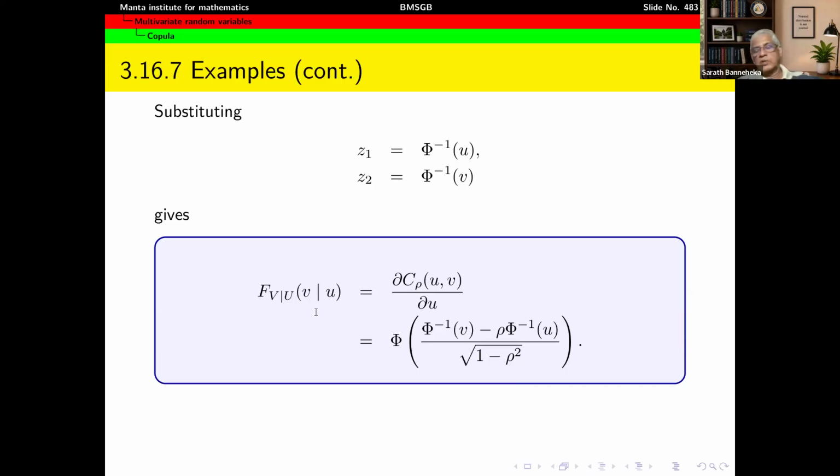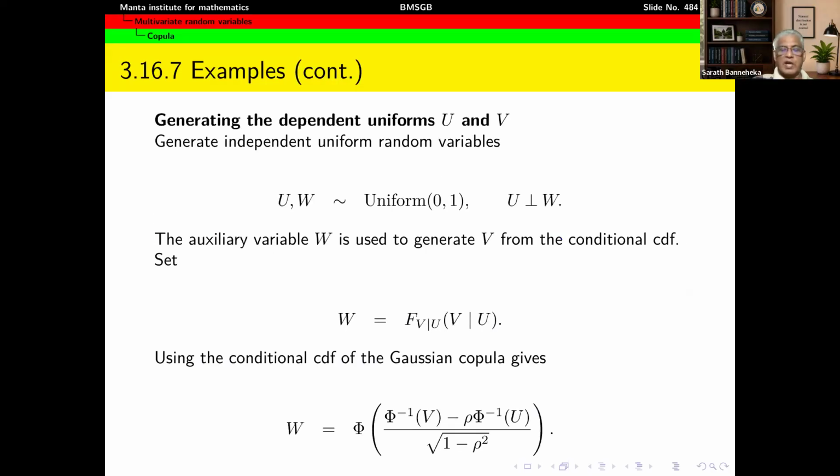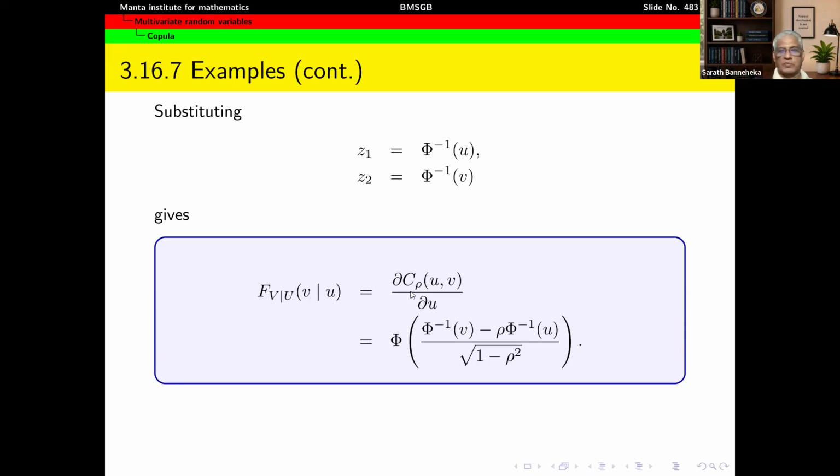So this is an important part, right? And then what we do is, once we have that expression, for some other copula, we'll have to get the expression for this thing similarly, but that expression may be much more complicated also. But anyway, we need to get that expression if we want to generate the data, right?